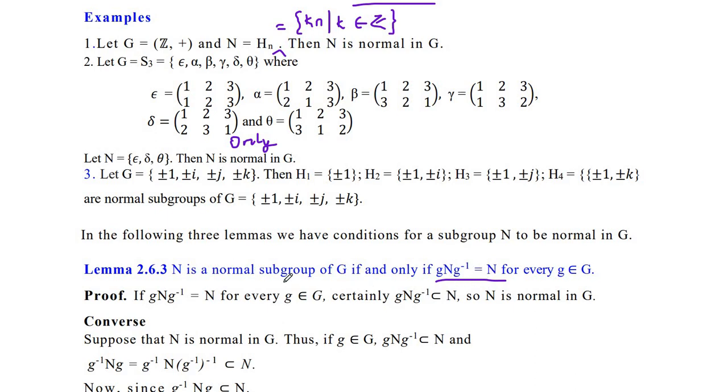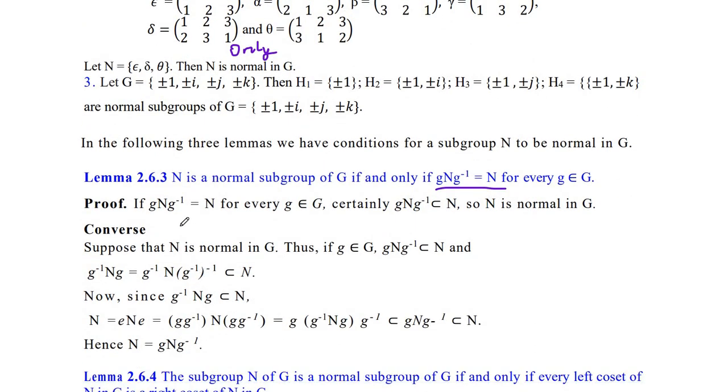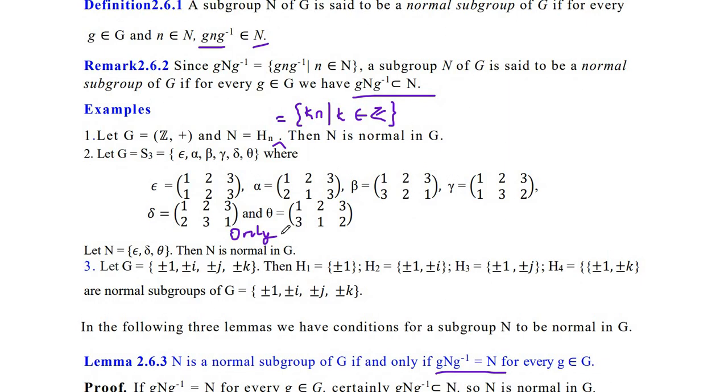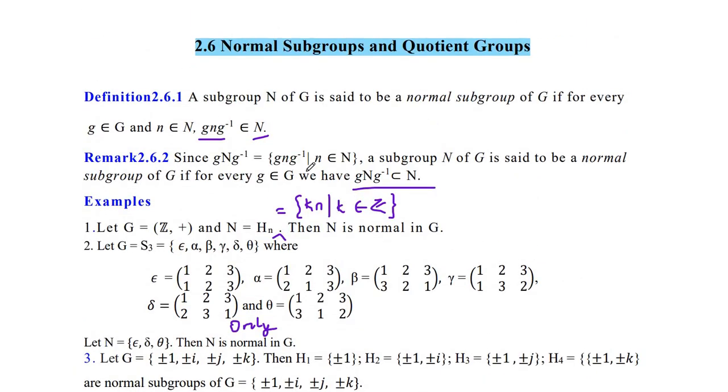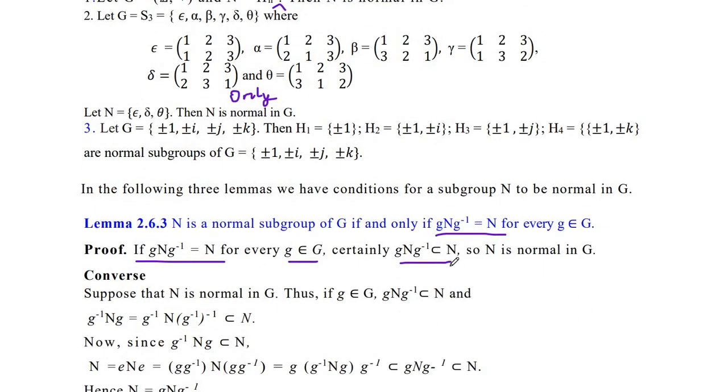So this is one of the criteria for N to be normal in G. If we assume that gNg⁻¹ is equal to N for every g in G, then definitely gNg⁻¹ is contained in N. Therefore, by the alternate definition, N is normal in G.